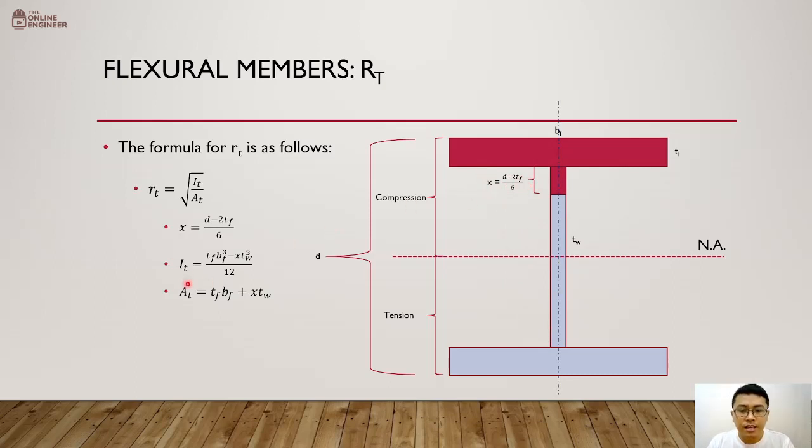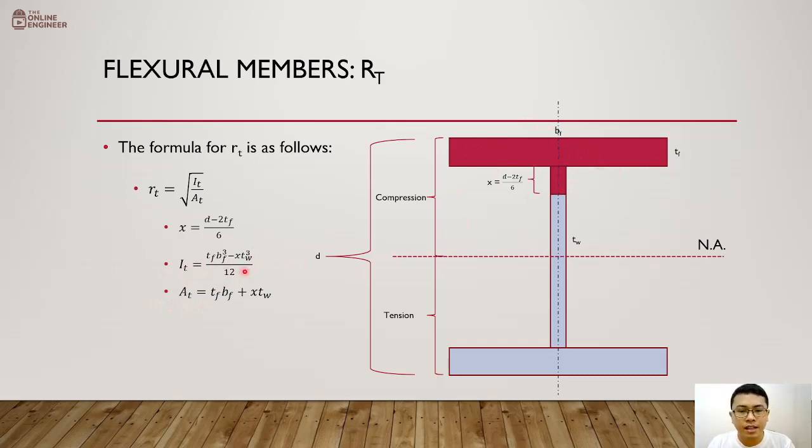And IT is actually the moment of inertia with respect to the y-axis. As per definition from the code, we have to take it with respect to the y-axis. That is why the formula here is (TF BF cubed minus X TW cubed) over 12. The area is simply the area of this shaded region that we have.